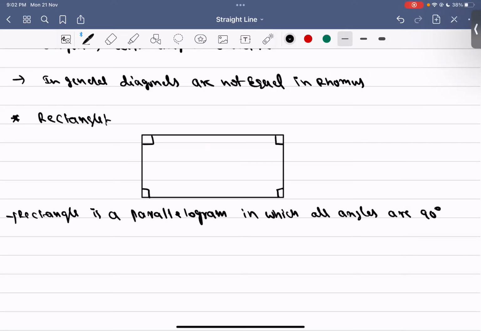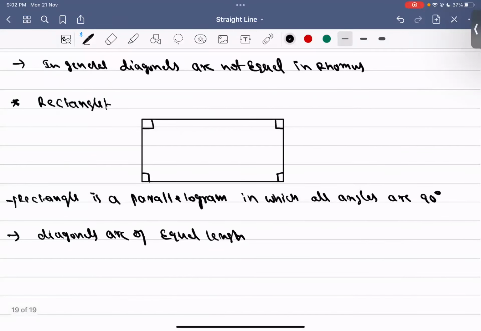Next point is diagonals are of equal length in a rectangle.